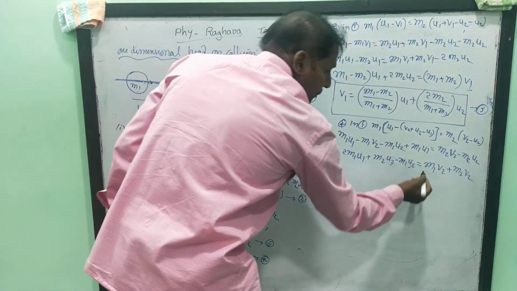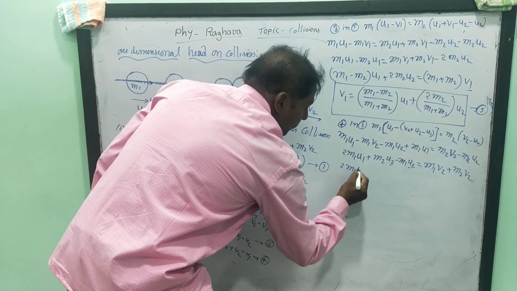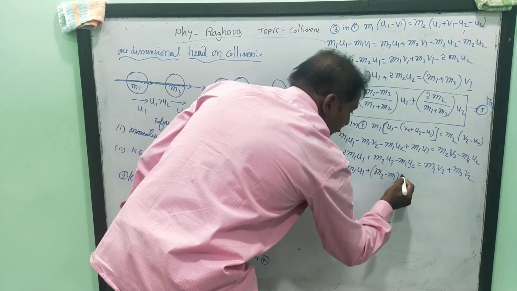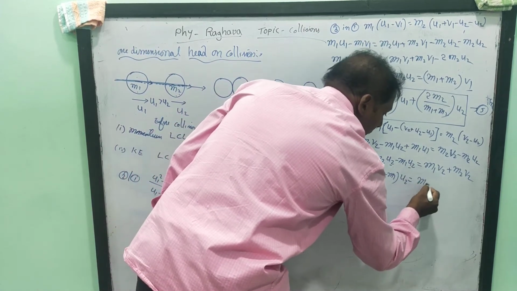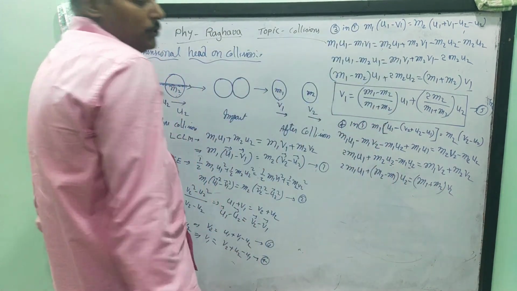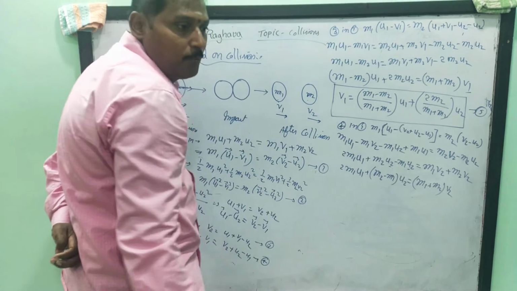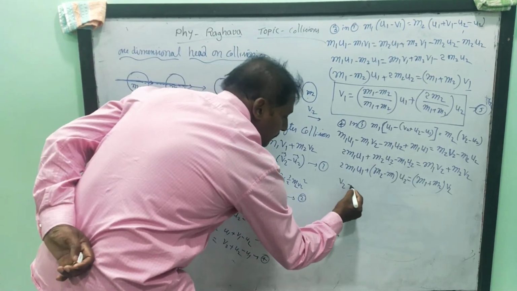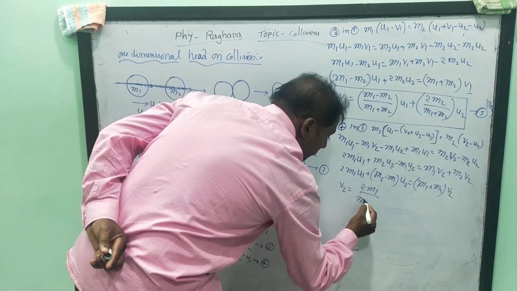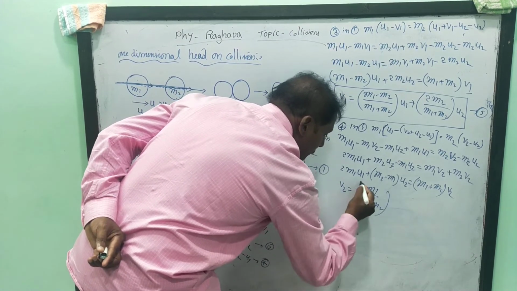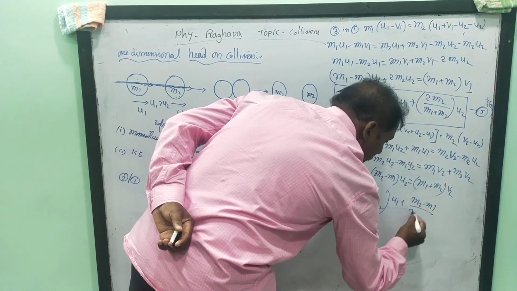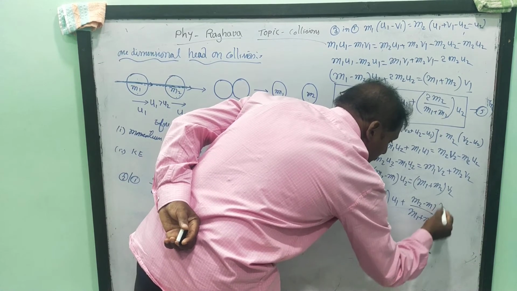If we take u2 common, then 2m1u1 plus (m2 minus m1) of u2 is equal to (m1 plus m2) of v2. So the velocity of the second body after collision is v2 is equal to 2m1 by (m1 plus m2) into u1 plus (m2 minus m1) by (m1 plus m2) into u2.